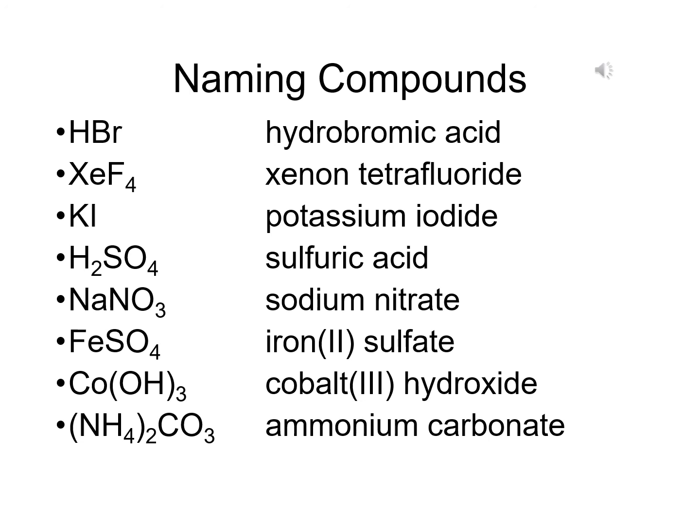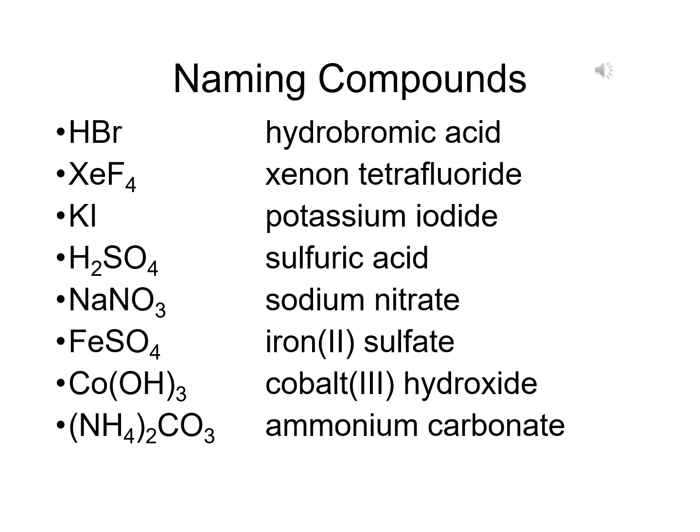So we use the binary molecular naming system, and this becomes xenon tetrafluoride. Next we have a potassium and an iodine. This is a metal and a nonmetal, so this is an ionic compound, so we use the ionic compound naming system, and this is potassium iodide.